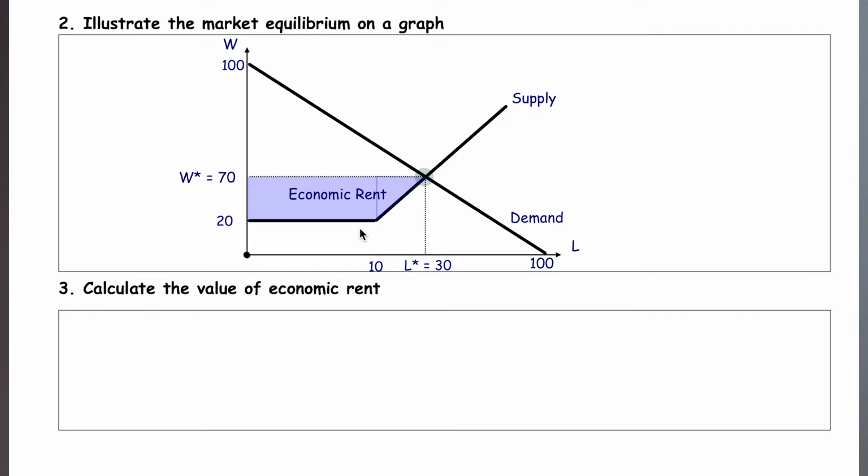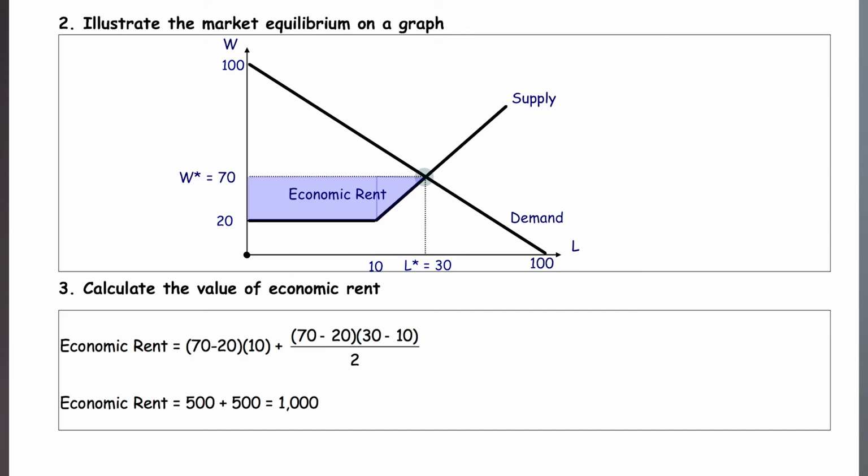And so if we were to evaluate that, we can see that the height of both shapes is 70 minus 20. The base for the rectangle is from 0 all the way to 10, and so 70 minus 20 times 10 is how you'd find the area of the rectangle. The triangle is 70 minus 20 multiplied by 30 less 10. And because this is a triangle, we are dividing by 2. If we work that out, in my opinion, you're going to get 500 plus 500, perhaps 1,000.